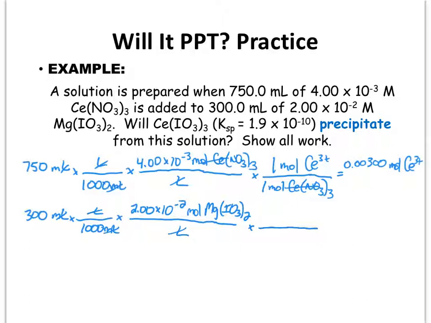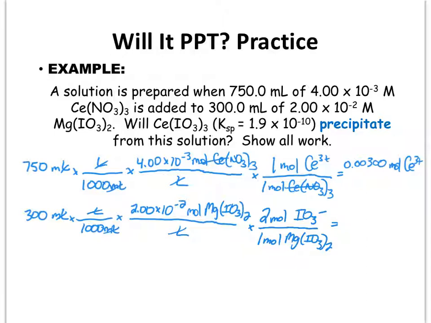So I know now that for every 1 mole of the compound, the MgIO3 here, there are 2 moles, according to the formula, of the IO3-. Okay, so that's what we mean by pay attention to the number of the ions in the compound itself.